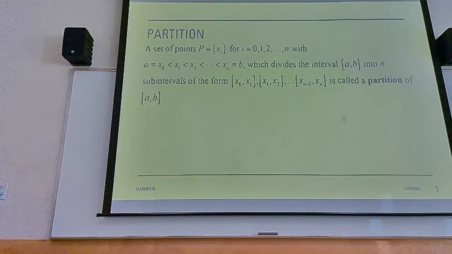And so x0 less than x1, less than x2, and so on and so forth. This divides the closed interval a to b into n subintervals, called a partition of the interval. So the partition is your set of points P.